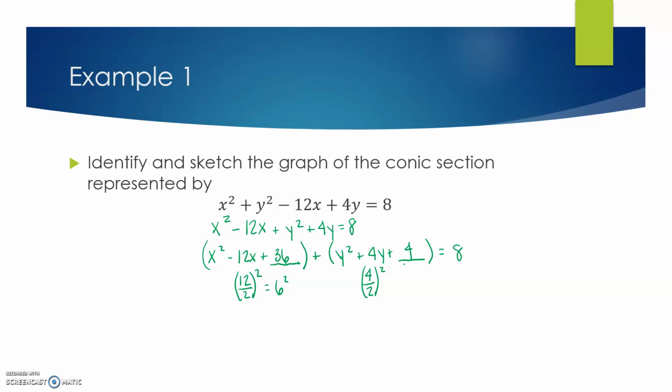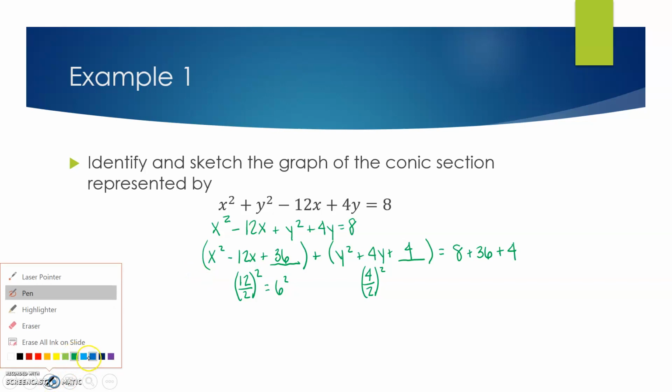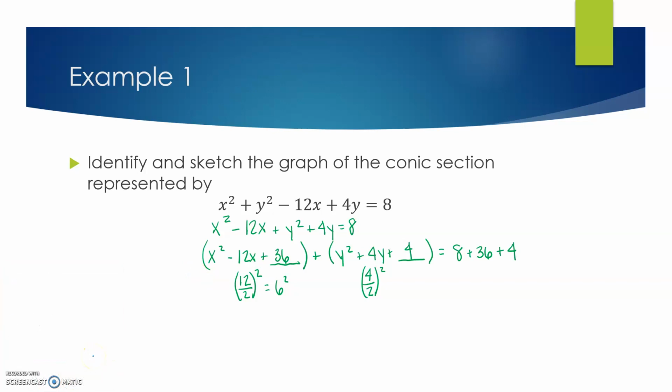But I cannot just throw a random 36 or a random 4 in there. If I add 36 to one side, I have to add it to the other side. What we do to one side, we do to both sides. I added 4 to this side, so I have to add 4 to this side. And now I'm going to go ahead and rewrite this in factored form, because that's the whole point of completing the square.